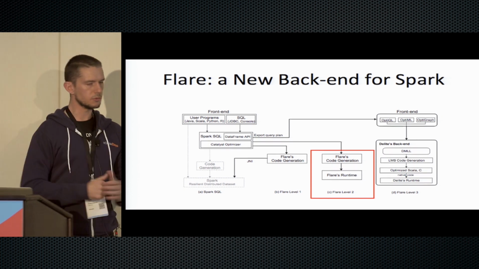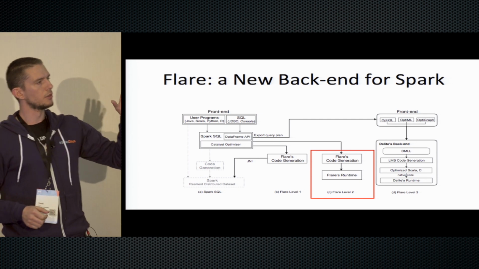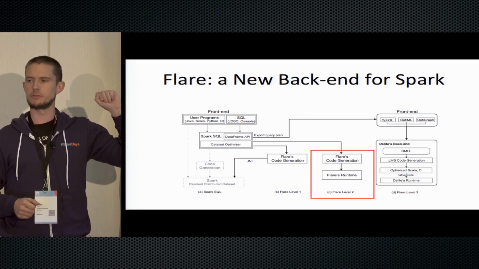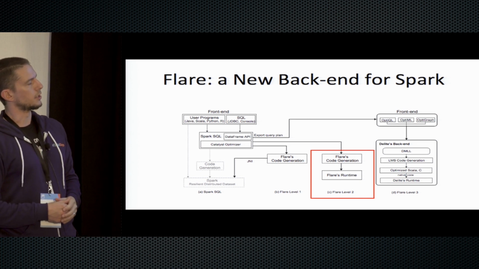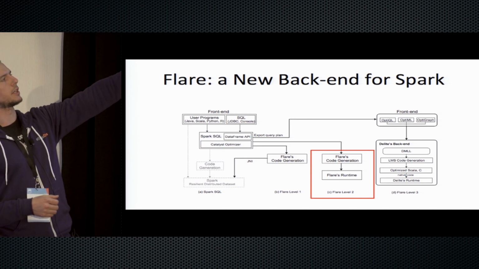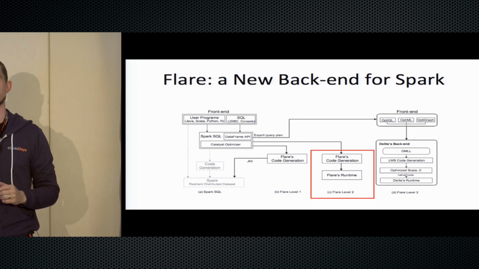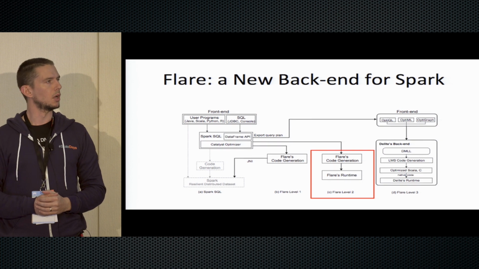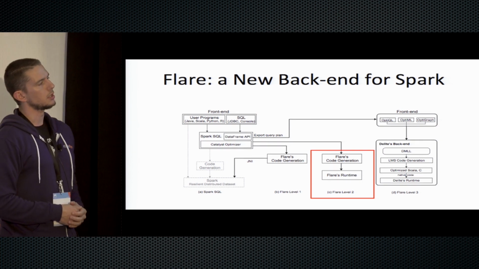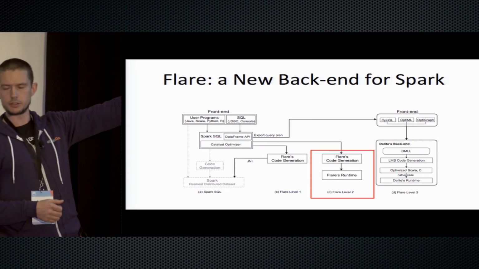Okay, so here's what we're doing. We have three possible levels of interaction with Spark, and all are based on taking the query plans that come out of the Catalyst optimizer and then doing something more efficient with them. What we call Flare level 1 is still quite tightly integrated with Spark.